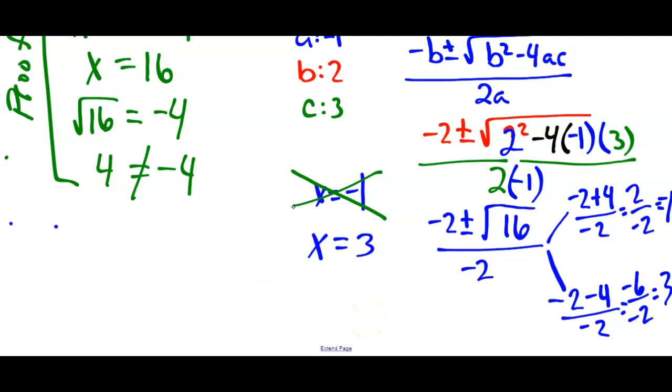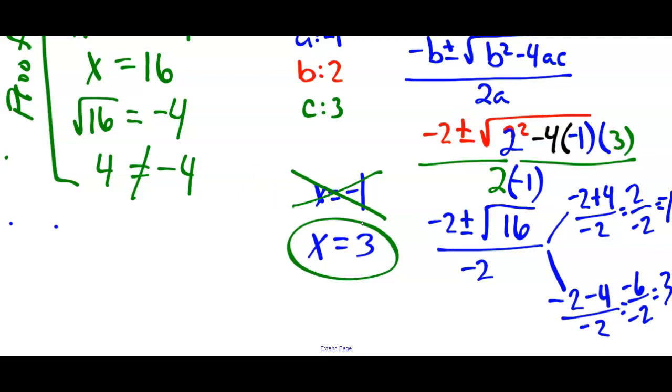We're always going to have to check to see if there are any extra solutions that don't work, and if there's more than one solution, we also have to check to see if they work. Well, this one doesn't work because we cannot have a square root equal to a negative number. So my only answer is 3, even though I have 2 solutions. Now, if both of these would have been positive, they both would have been solutions.